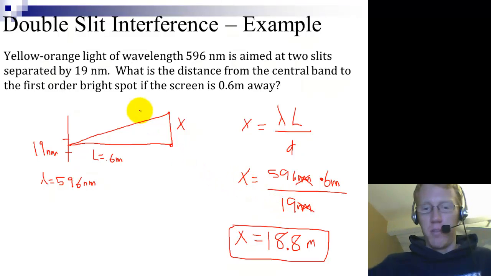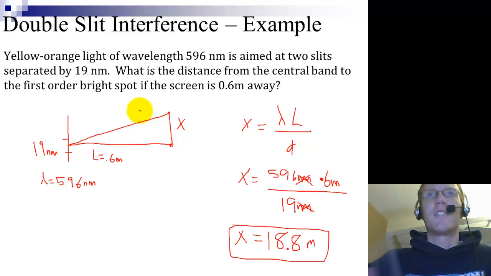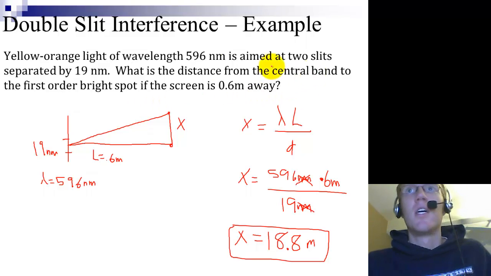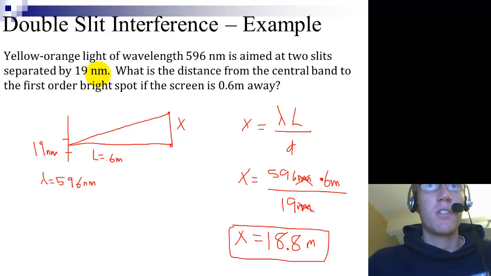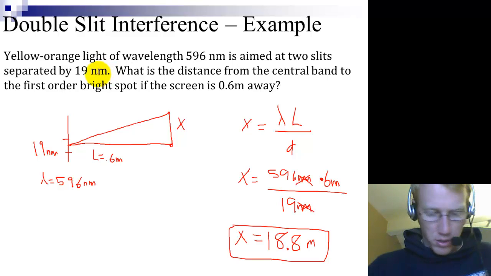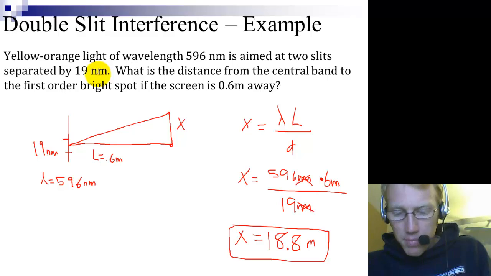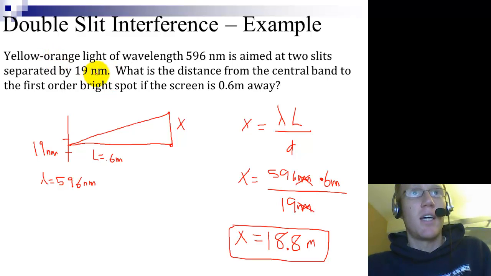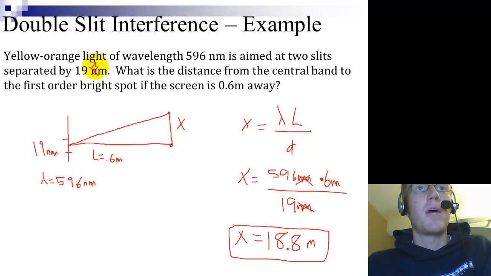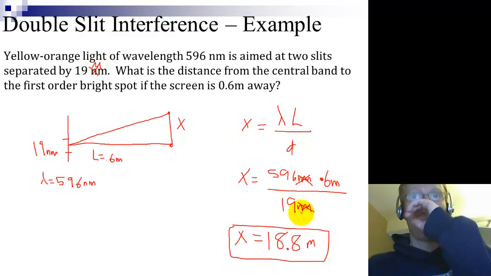I got this problem out of the book, and let me check the value of the separation distance. The distance between the two slits, 19 nanometers, seems much, much too small. Yes, okay. It's not 19 nanometers. I apologize sincerely. This is 19 micrometers.